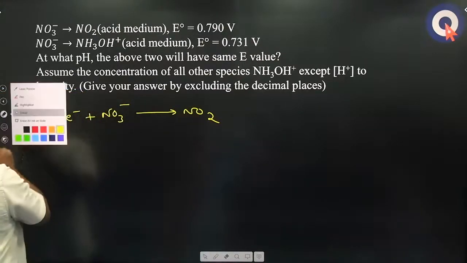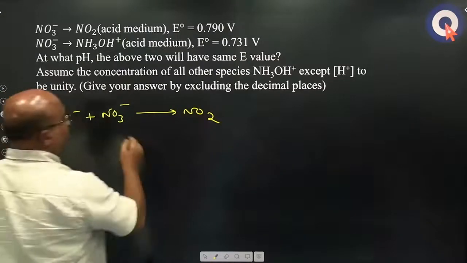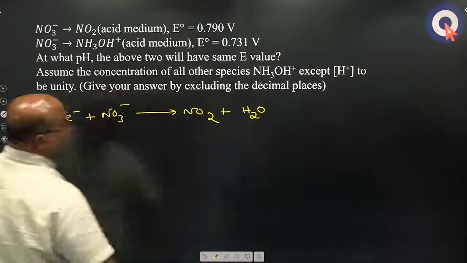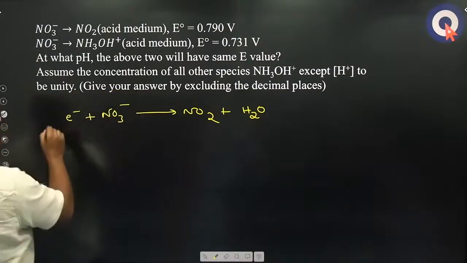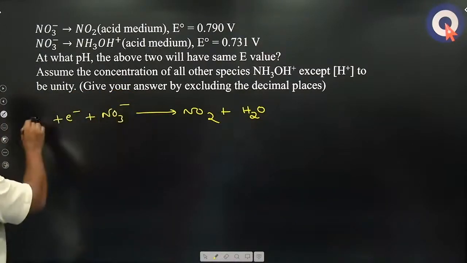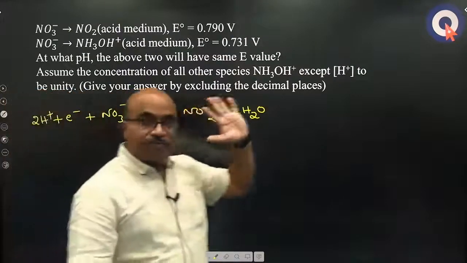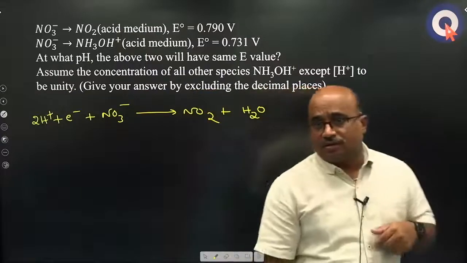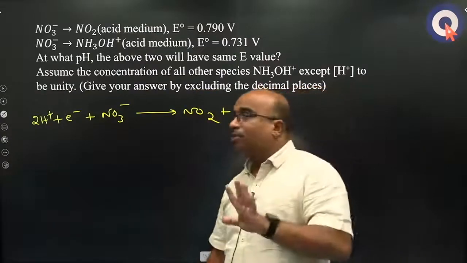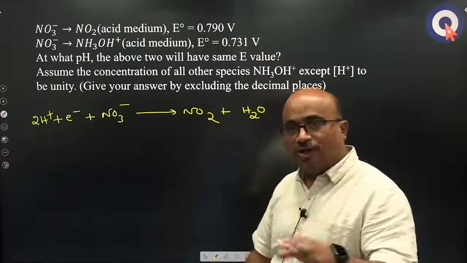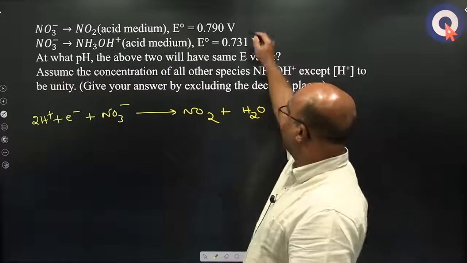Now for the charge and oxygen balance, there are 3 oxygens, so H2O, and then 2 hydrogens, 2H⁺, so that the charge is also balanced. So 1 electron plus NO3⁻ plus 2H⁺. So the total charge on LHS and RHS becomes 0. So this is the cell reaction there.